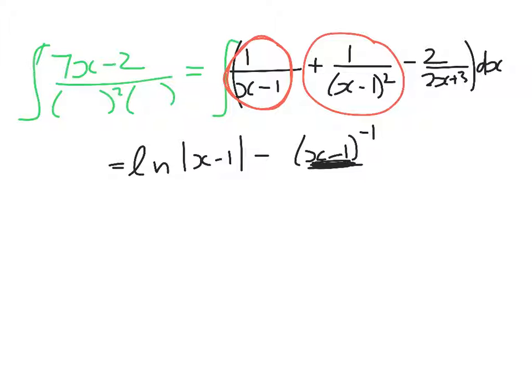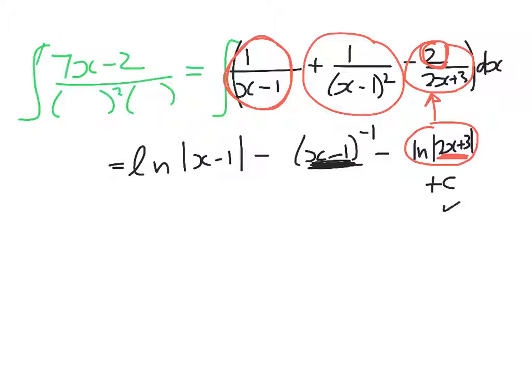And lastly, this is going to anti-differentiate to give me minus the natural log of 2x plus 3 plus c. Now let's check why this works. It's because the chain rule, when applied to this, gives me a derivative of the inside function of 2. And that's what we've got going on up there. So that all works quite well.